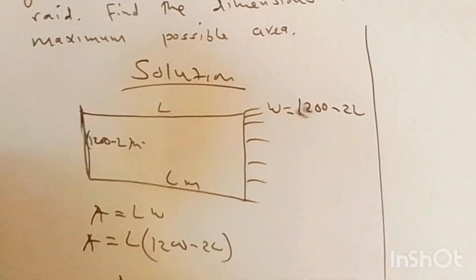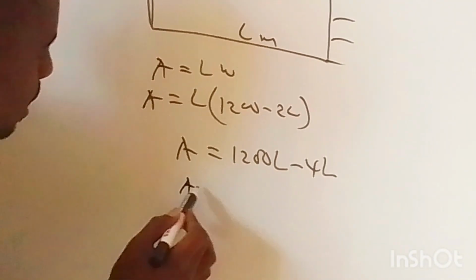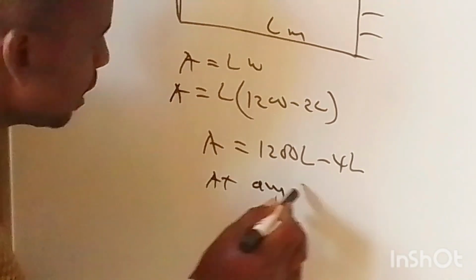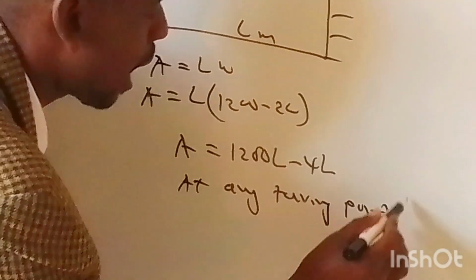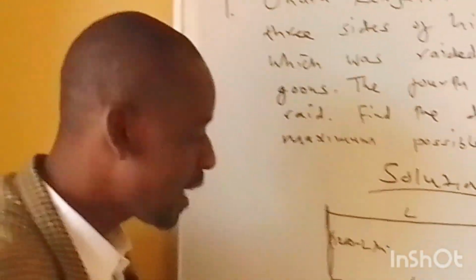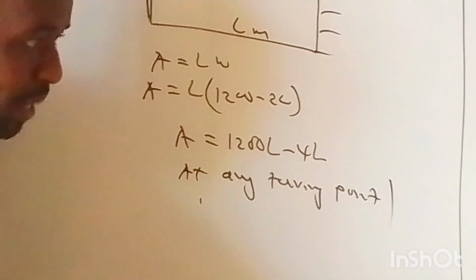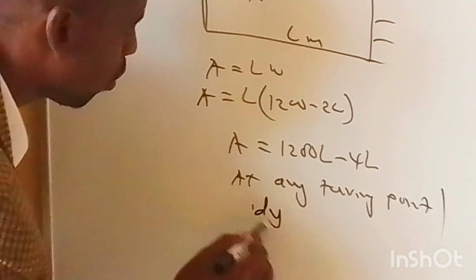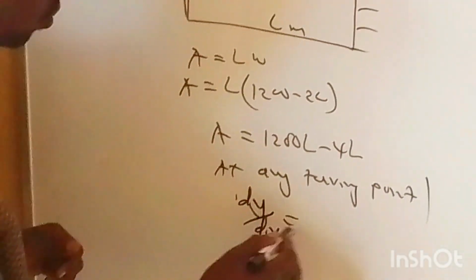So we know that at any turning point, and when you talk about the turning point, I'm talking about the maximum point, the minimum point, or the point of inflection, at all those turning points, dy over dx, that means the gradient function at that point, is equal to 0.